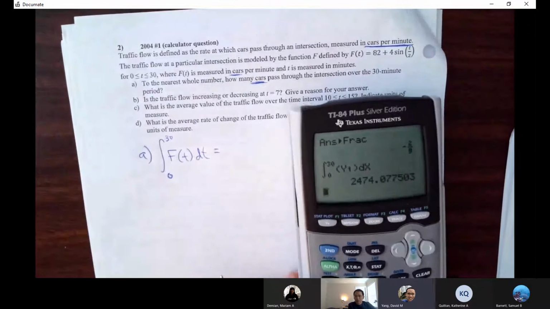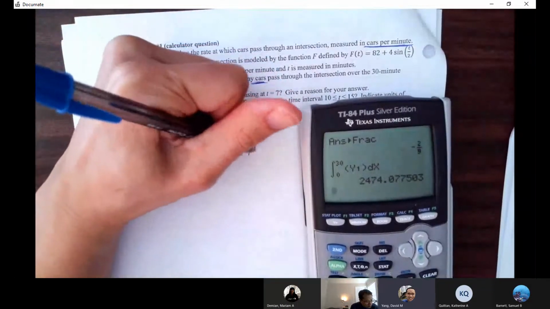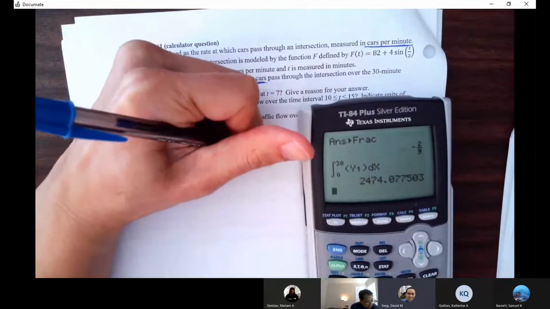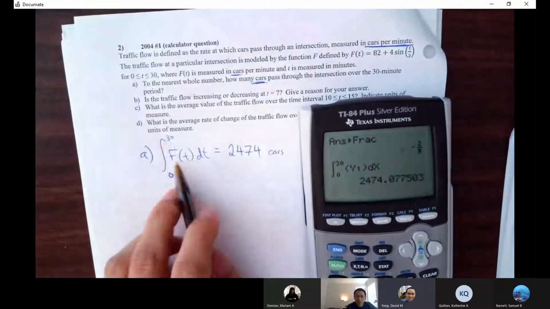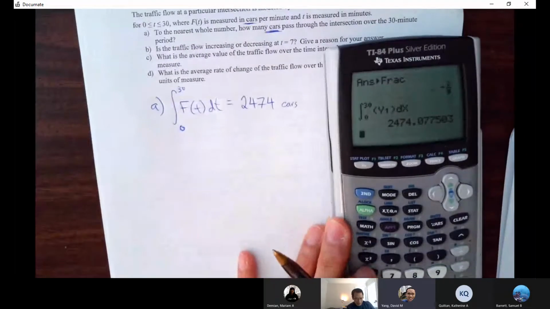Okay, so we're going to round it to the nearest whole number, so 2474. So we started with cars per minute, and now we're able to accumulate that rate up to the number of cars.